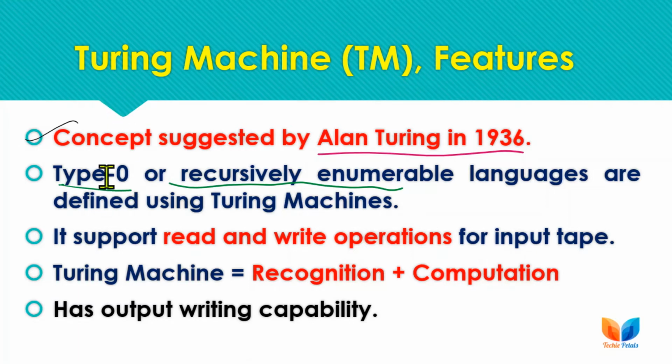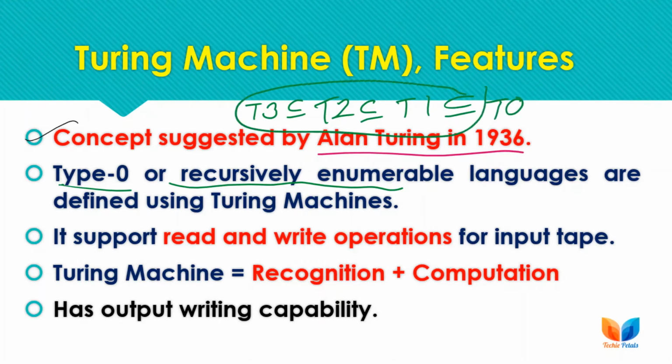Turing machine can recognize type 0 language, and type 0 language is a superset of all other languages, as type 3 is a subset of type 2, type 2 is a subset of type 1, and type 1 is a subset of type 0. So Turing machine can recognize any type of language, means all the classes of the hierarchy can be recognized by Turing machine.